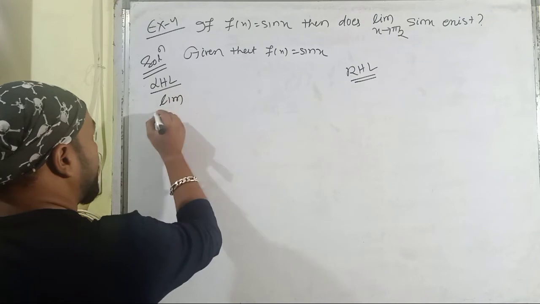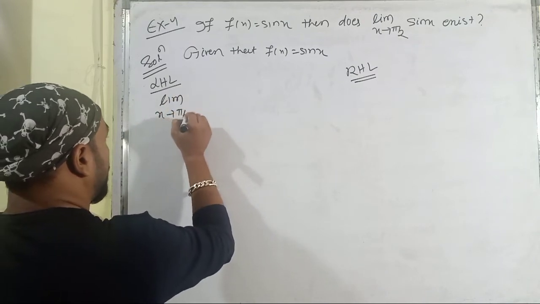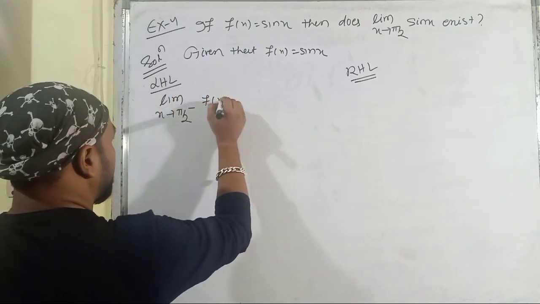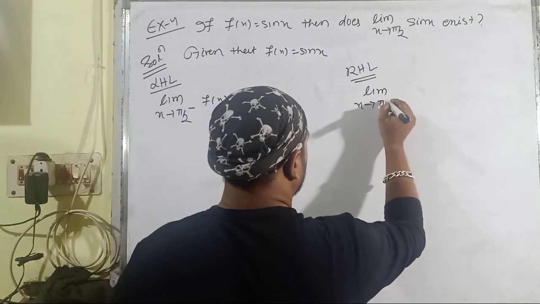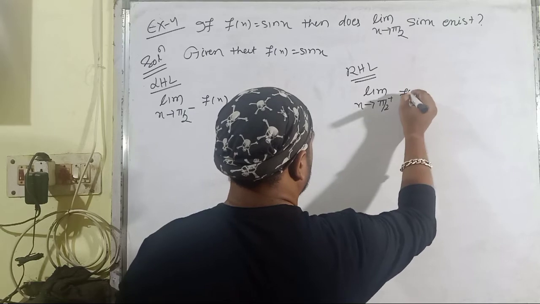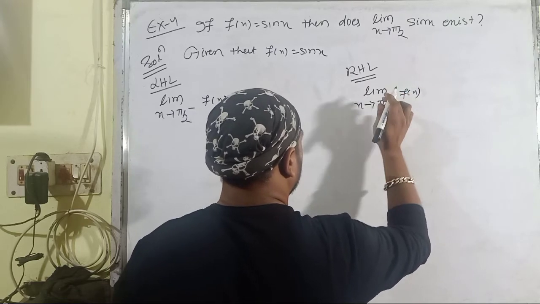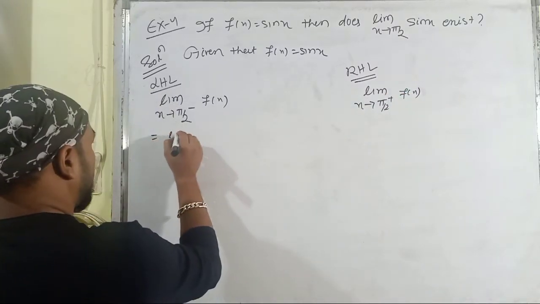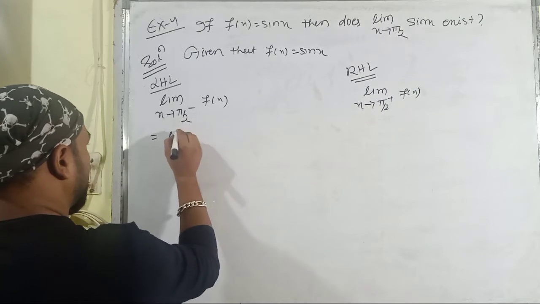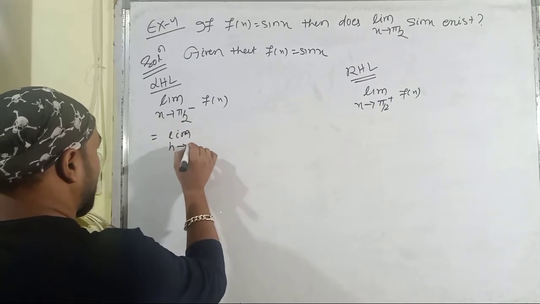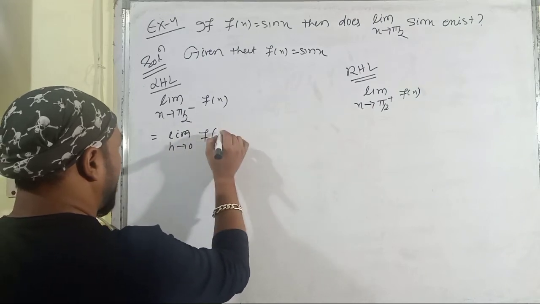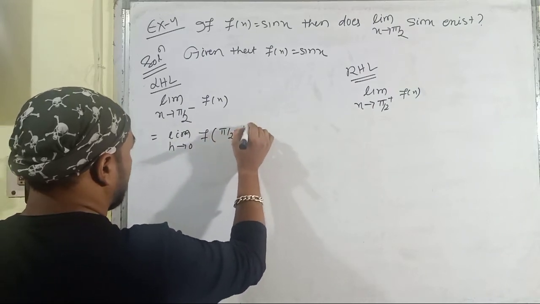Here it is limit x tends to pi by 2 minus f of x, and here it is limit x tends to pi by 2 plus f of x. Then we have to replace x tends to pi by 2 minus with h tends to 0 and x by pi by 2 minus h.